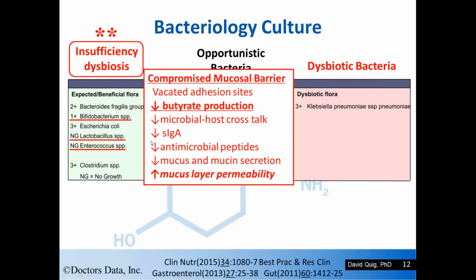This results in a compromised mucosal barrier due to the vacated adhesion sites, which enables other bacteria to come in, and very importantly, due to the decreased butyrate production by the commensal bacteria, which regulates microbial host crosstalk, the regulation of the secretion of secretory IgA, antimicrobial peptides, and mucus and mucin secretion, which all results in a decreased mucosal mucus layer, increased mucus layer permeability, compromised mucosal barrier.